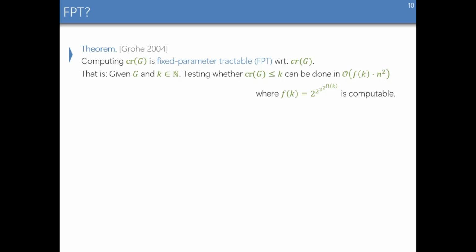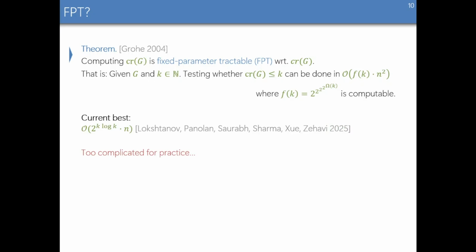The issue is, of course, that this f of k that he proved was something like 2 to the 2 to the 2 to the 2 to the k. Crossing number 1 seems to be within reach. Higher, probably not. This result was improved a couple of times.